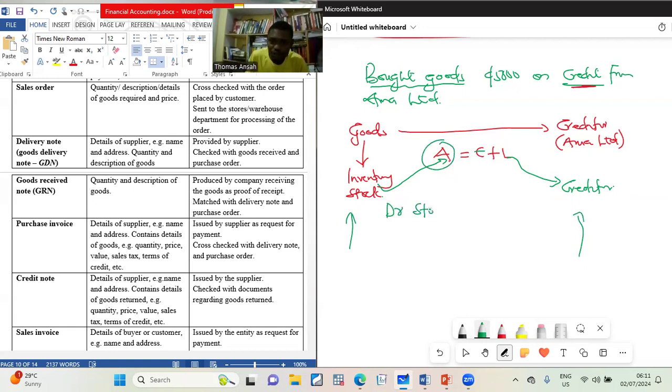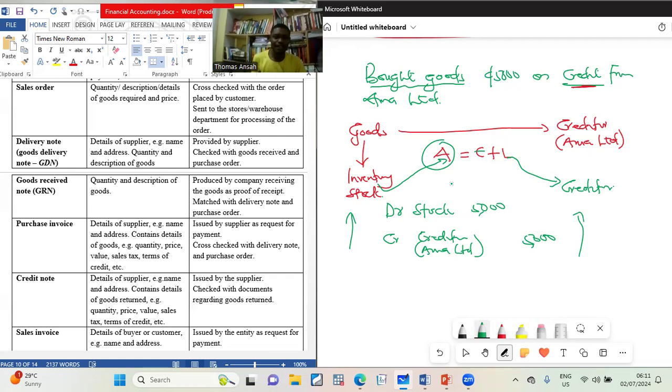You debit your stock of how much? 5,000. You will credit your creditor, Ama Limited, also 5,000. Later on, you will understand that this is what we call a journal. So that is what has happened.